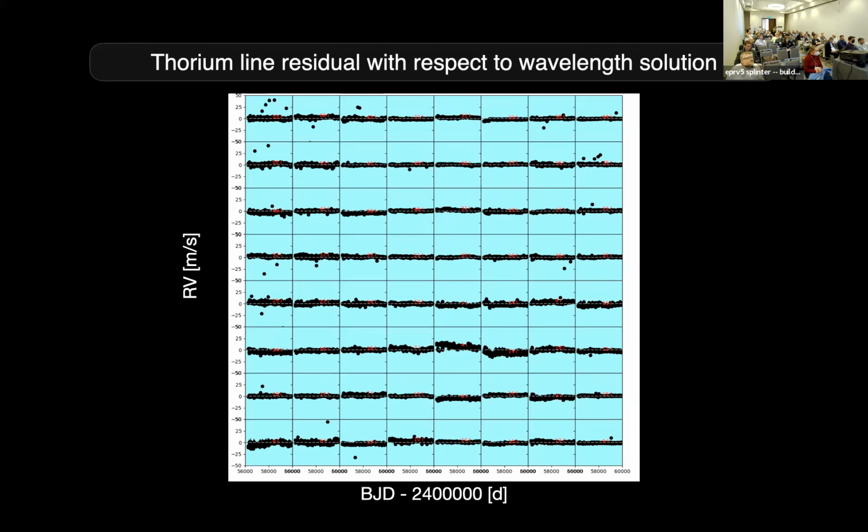And you can see that everywhere on the detector, it's very stable over time. So it really seems that even though the spectrograph has moved by perhaps 300 or 400 meters per second in absolute drift, we are able to recover this quite easily with only one wavelength solution and then just fitting for this drift map.